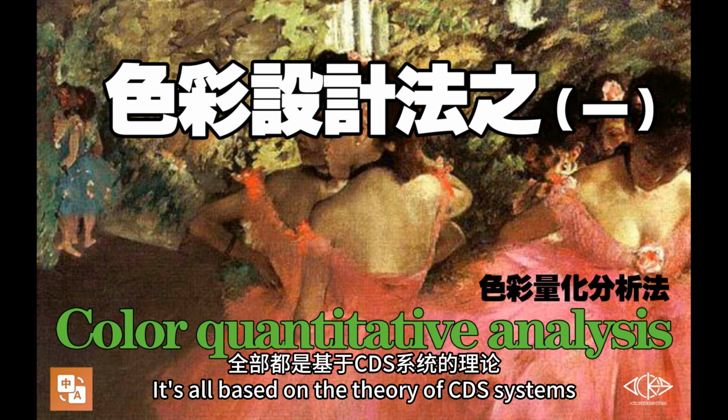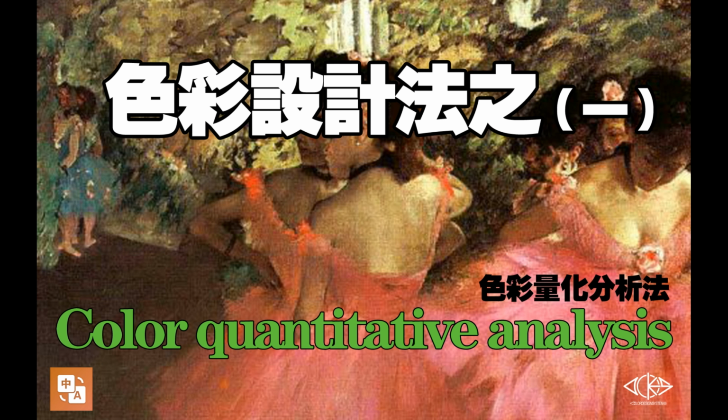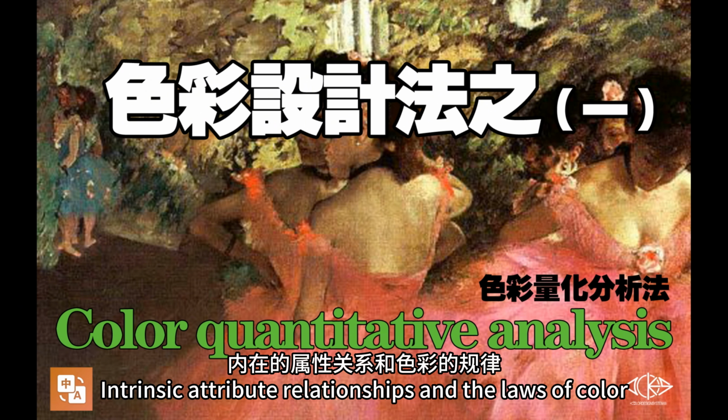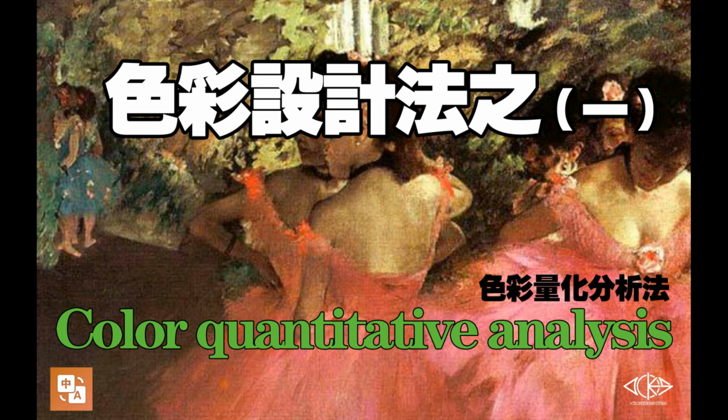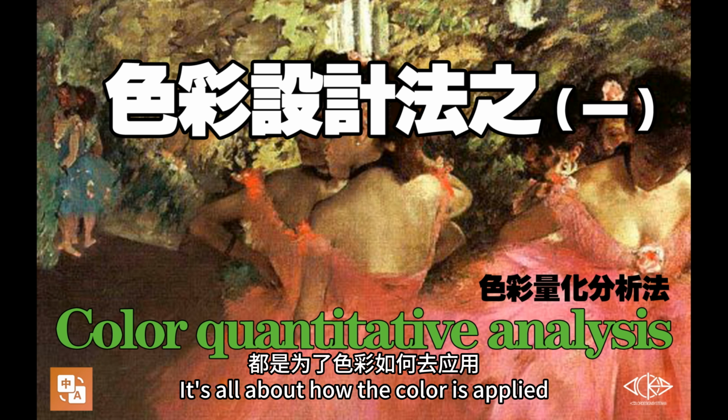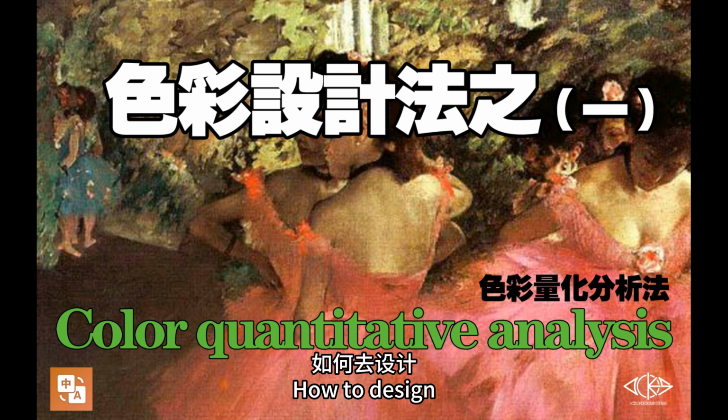It's all based on the theory of the CDS system, which generated all these theories, all colors, intrinsic attribute relationships, and the laws of color. It's all about how color is applied and how to design.